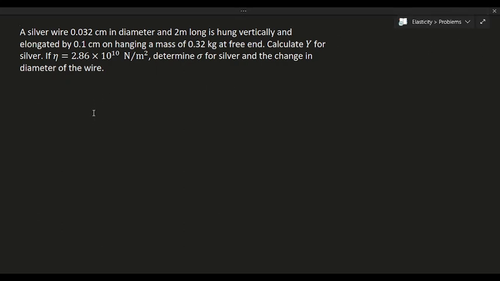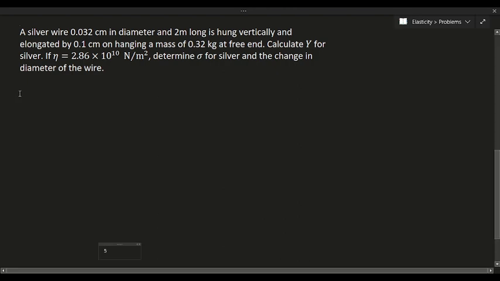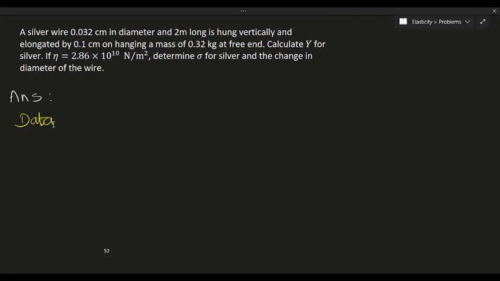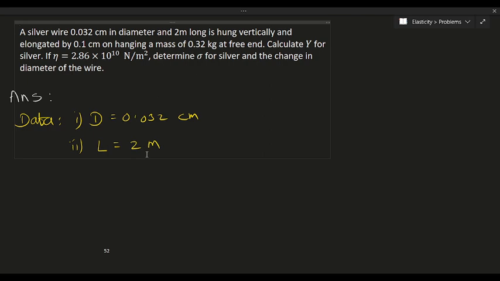We first write down the data given. We are given diameter. It is 0.032 centimeter. The length of the wire, the original length, is 2 meter. Now here the diameter is in centimeter, and here it is 2 meter.